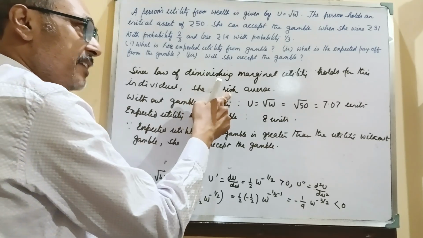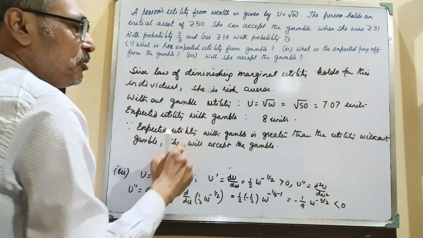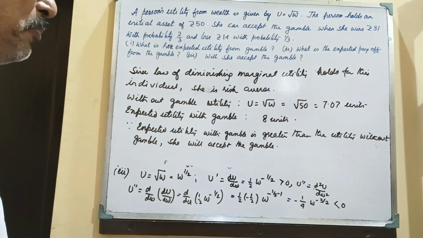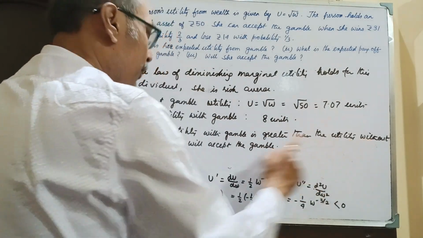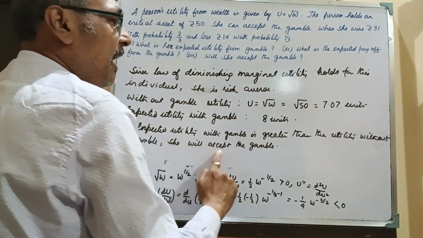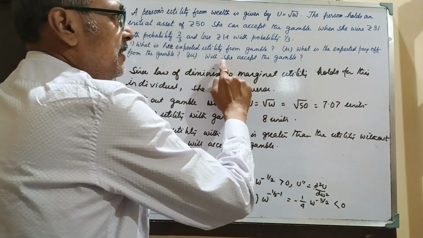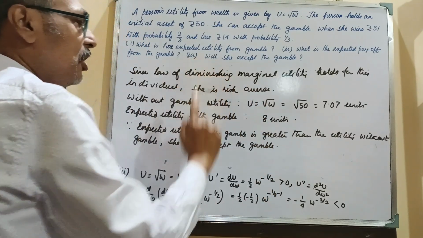She is risk averse and the expected utility with the gamble is greater than the utility without the gamble. She will accept the gamble. This is the answer of part 3.